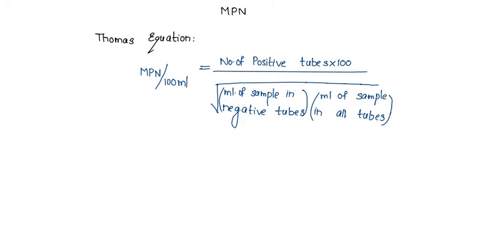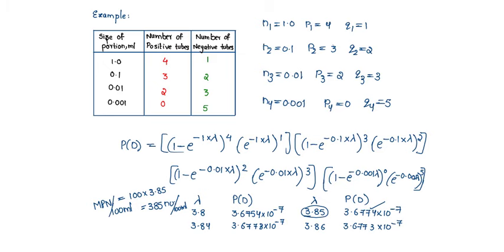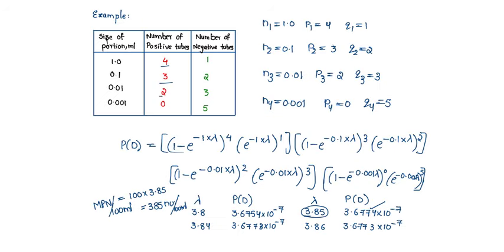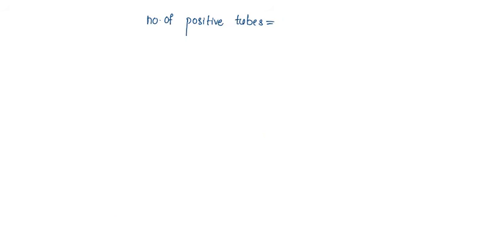For example, taking the same example, in which the number of positive tubes are 4, 3, 2 and 0, the sum will be 4 plus 3 plus 2 plus 0, that is 9.